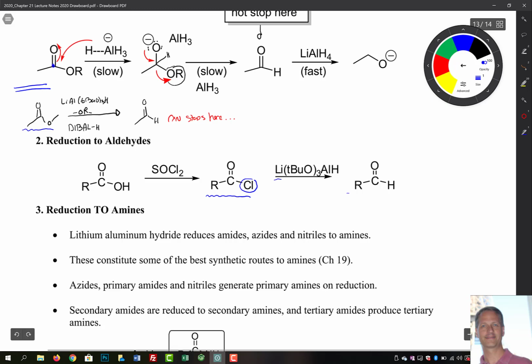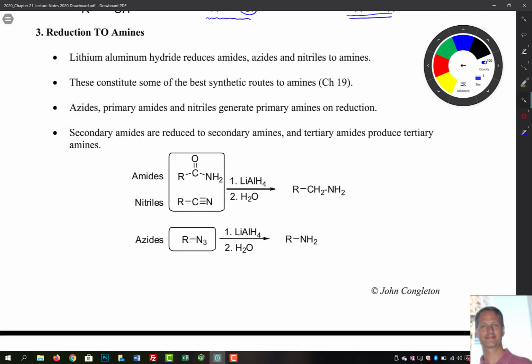But in both cases, it takes us to our aldehyde. Now, reduction to amines can also occur. So we can take our amides, our nitriles, and also azides down here below, and do a reduction with LAH and H2O. And just like before, that comes from your LAH, and this comes from the H2O.